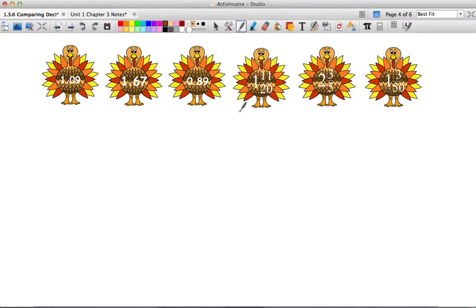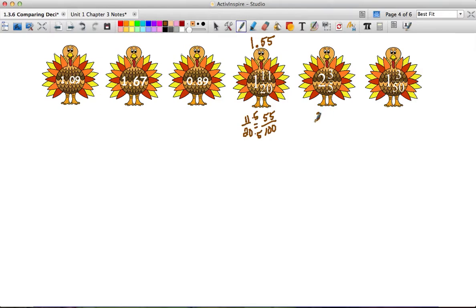Okay, so in this case, and I'm just going to do this quickly, I know 11/20ths is going to give me 55/100ths because I multiply by 5 on top and on bottom. But now it's not just 55/100ths, it's 1 and 55/100ths because I have this 1 in front.